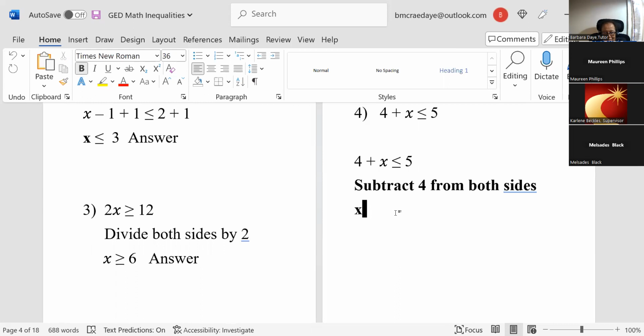No, this is a less than or equal. So we carry that same sign. Less than 5? Oh, no, but we subtracted the 4. Less than 1. That's it, Maureen. You got it. Less than or equal to 1. That's the answer.